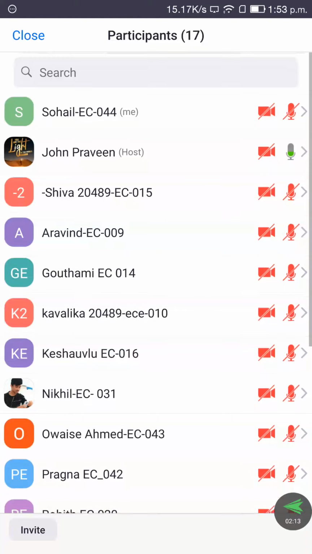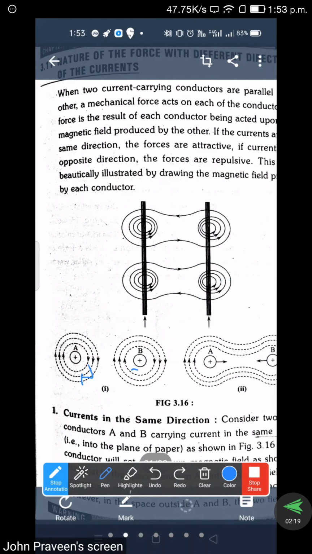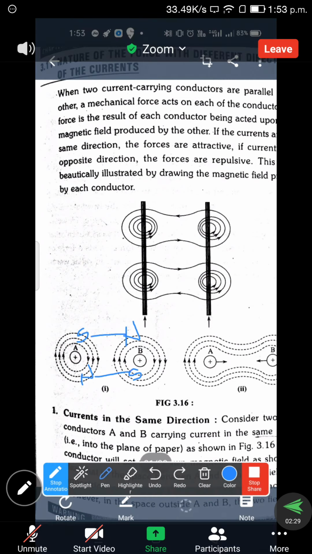If we apply it here, for example, we assume this as the north pole and this as the south pole, so an attraction force will exist. Or for example, it may be the south pole or the north pole, so the attraction force will exist between the two poles.